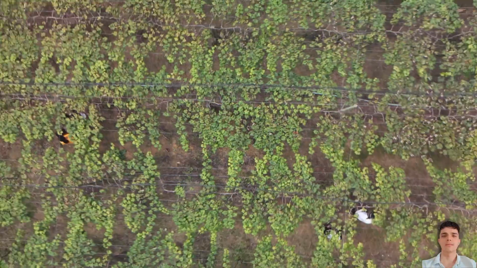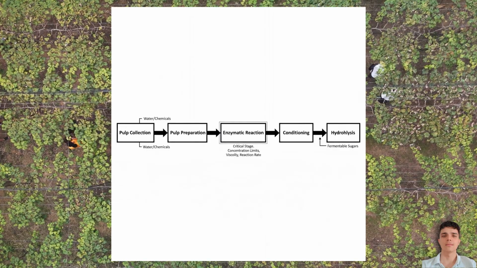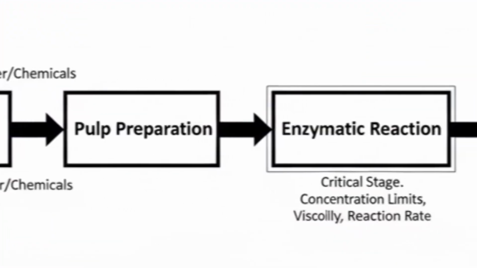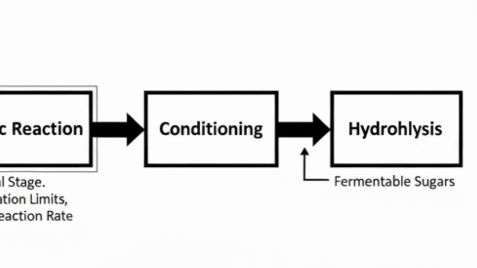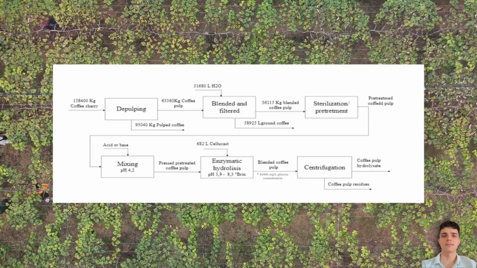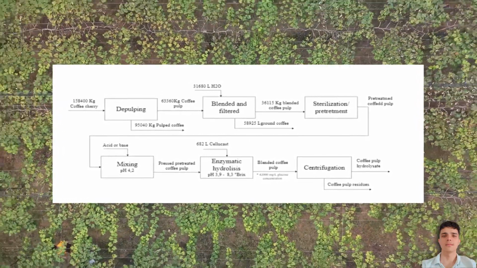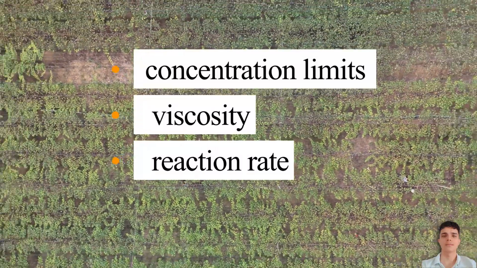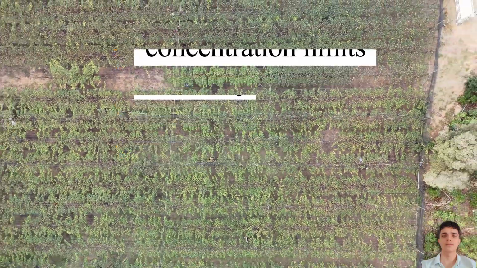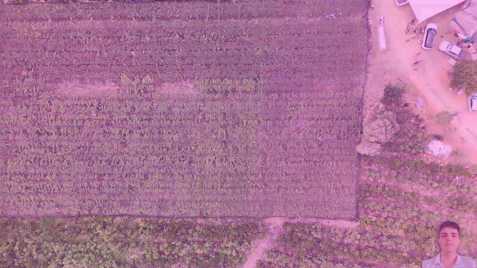Process context. The overall process includes pulp collection, preparation, extraction, conditioning, and the hydrolysis itself. But for the reactor design, the critical stage is the enzymatic reaction, where concentration limits, viscosity, and reaction rate define the feasibility of each configuration.